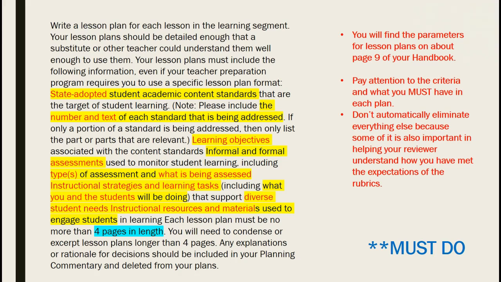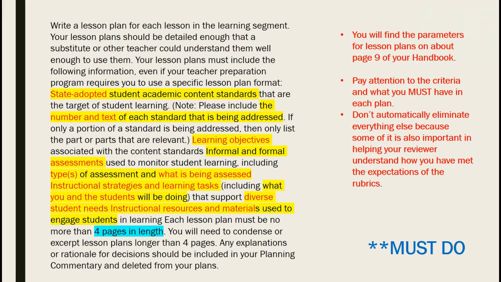Just that sometimes states adopt standards that don't say Tennessee on them. These are the target for the student learning. You want to include the number and the text of the standard. All the standards have a number, but that's not enough. You've got to put the number and write out all the words.